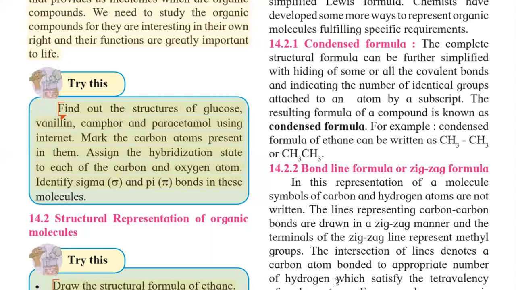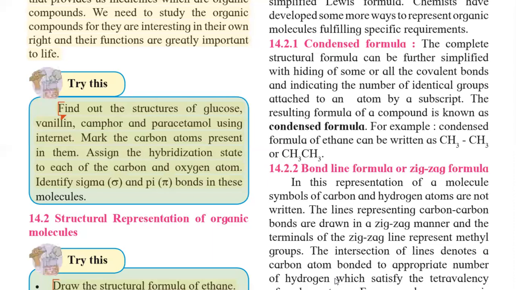The next point given here is to identify sigma and pi bonds in these molecules. A very simple trick: if there is a single bond, it is always a sigma bond.